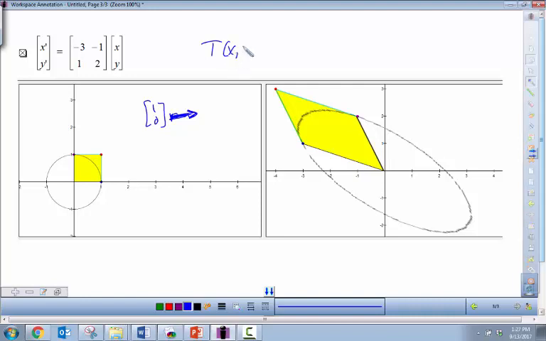T of x, y equals negative 3x minus y, and then x plus 2y. So when x is 1 and y is 0, we get negative 3, 1. So this point goes to negative 3, 1, right there.